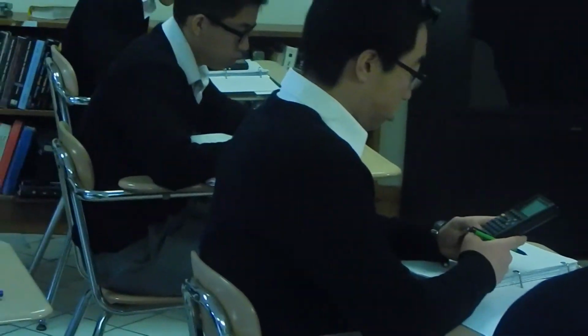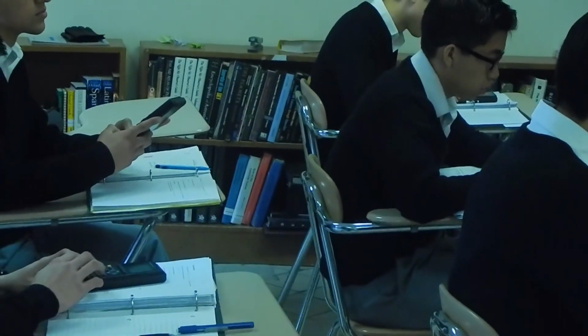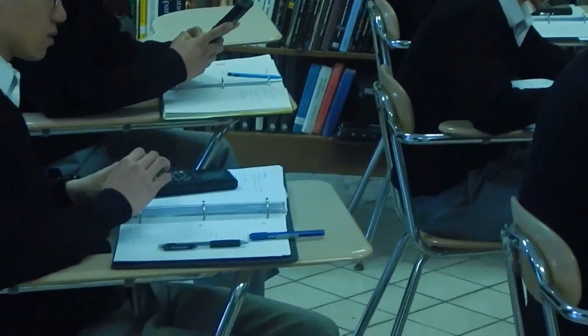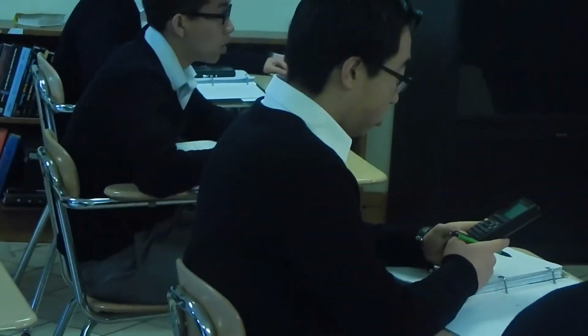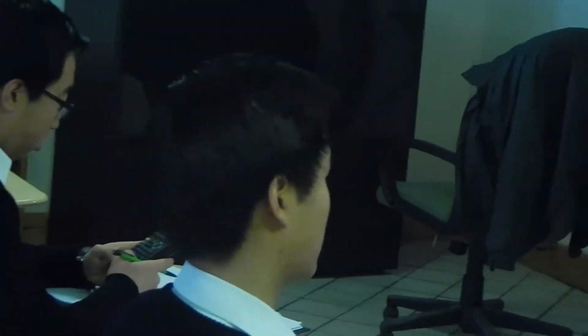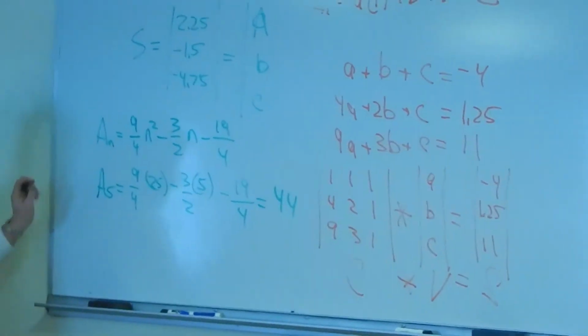Minus 3 halves times 5. Minus 19/4. What do you get, guys? 44. Oh my goodness, the miracle of miracles, right? This is equal to 44.